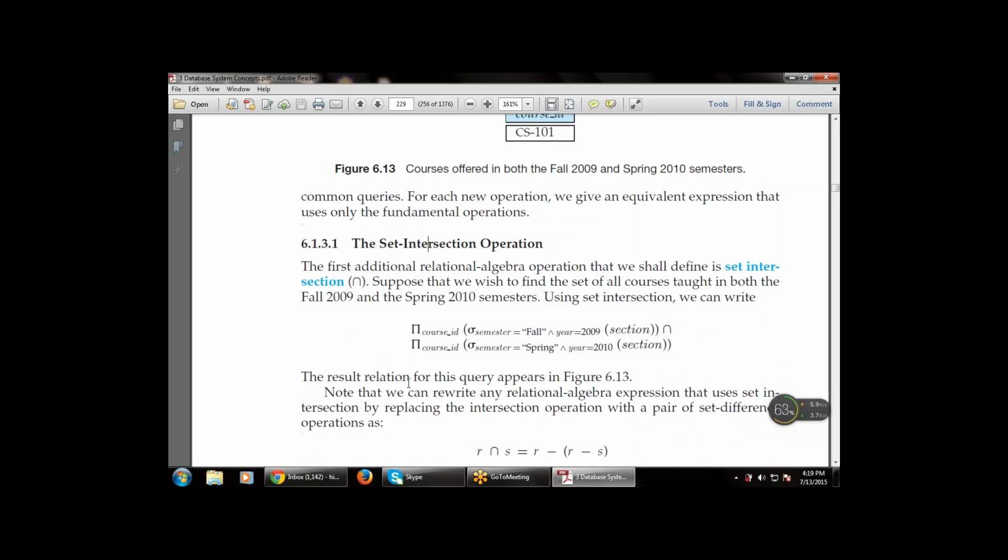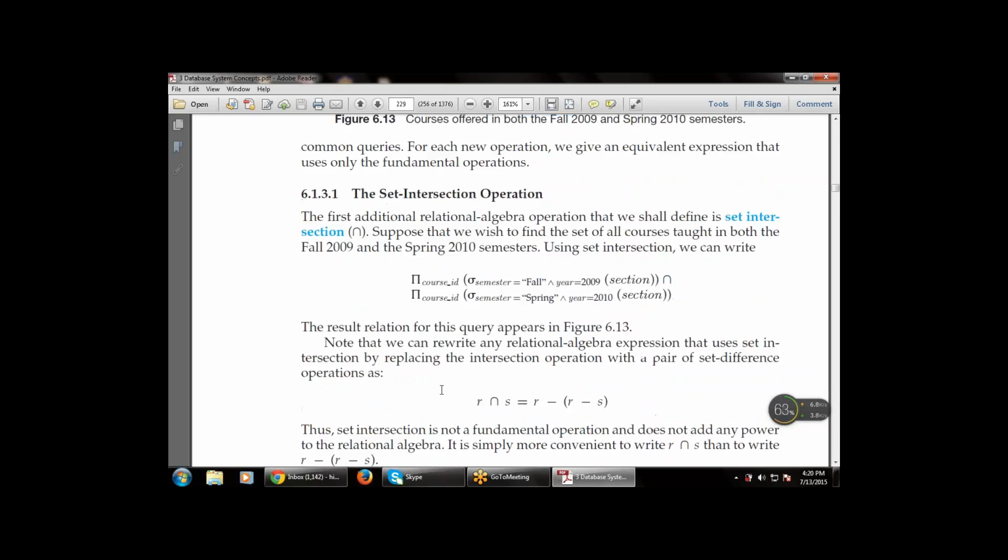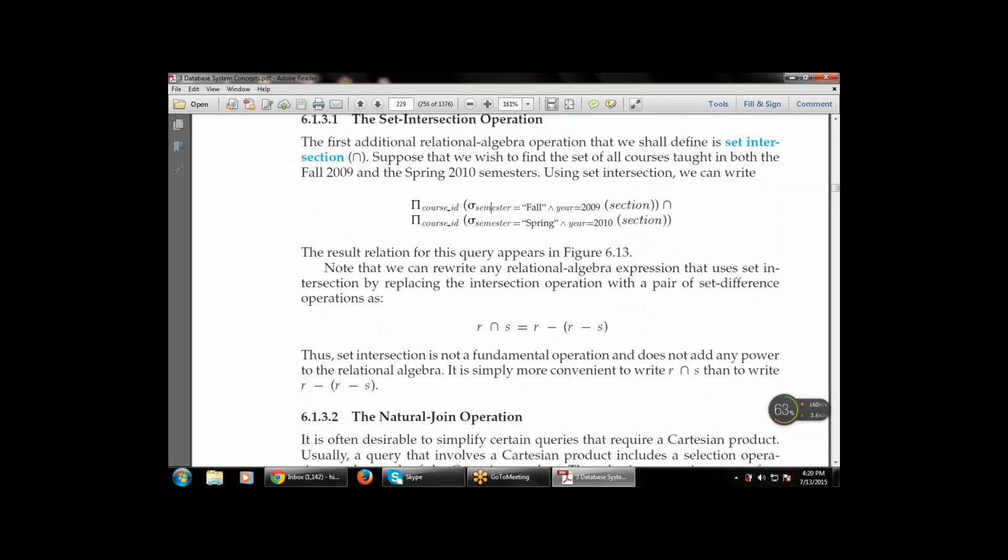This is the example: finding, or displaying, the course ID attribute where the semester equals 4 and the year equals 2009. Note that we can rewrite any relational algebra expression that uses set intersection by replacing the intersection operation with a pair of set difference operations, such as R intersection S equals R minus (R minus S).